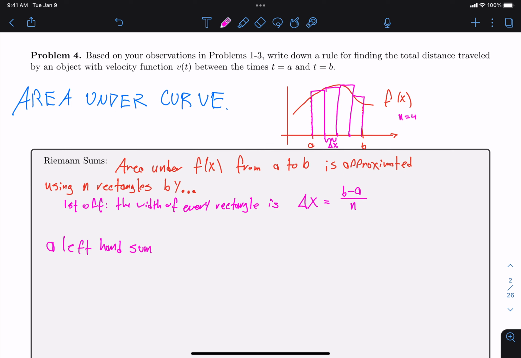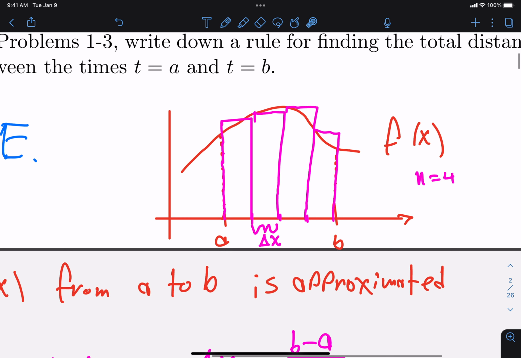So, to do a left-hand sum, we're going to use the sum from i equals 0 to n minus 1 of delta x, that's the width of each rectangle. And then I need to choose what the height of each rectangle is going to be. If I use a left-hand sum, I choose the height of the rectangle to be the height of the function on the left side of each subinterval. We'd use these heights here to make the height of my rectangle.